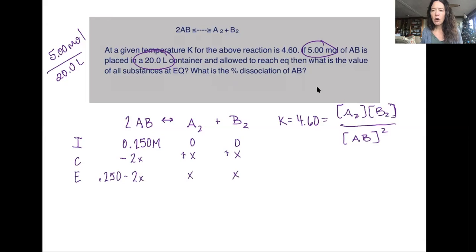I have no way of solving for x using my ICE chart. So what I will do is plug my variables into my equilibrium expression. All right, we've got 4.60 equals x times x over 0.250 minus 2x.